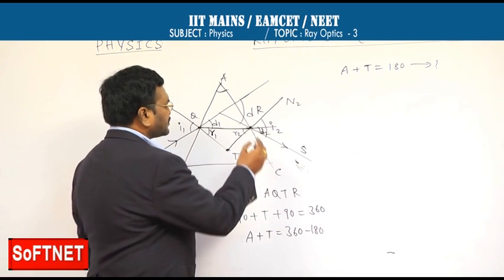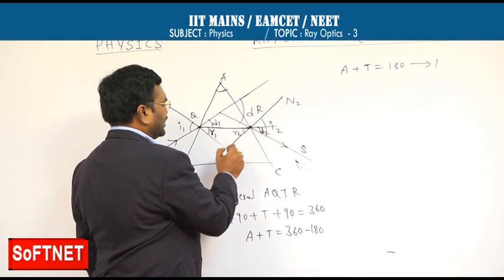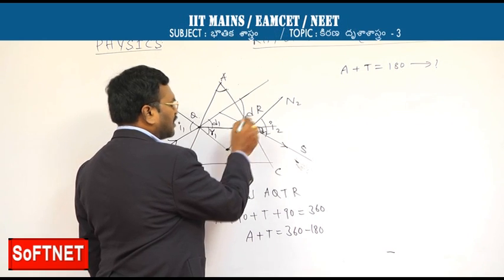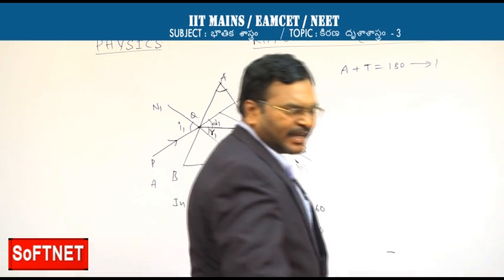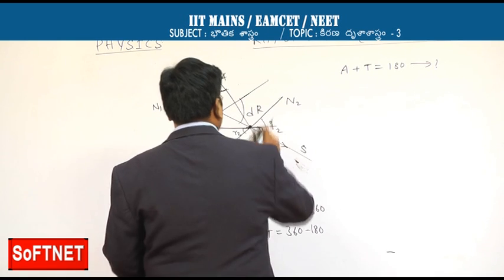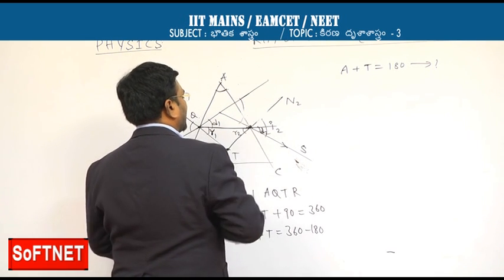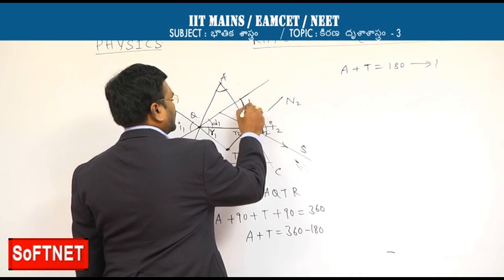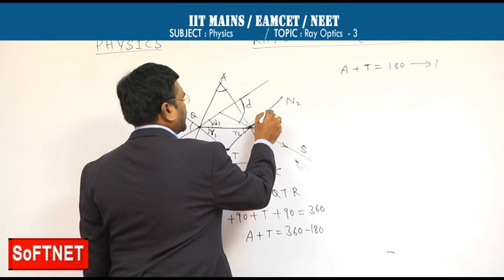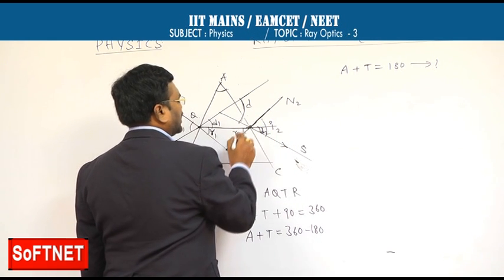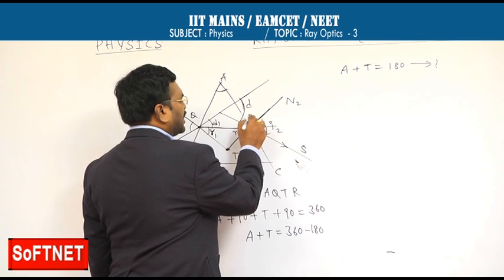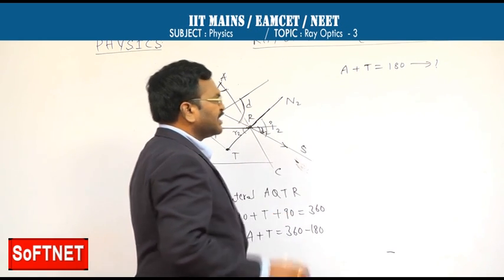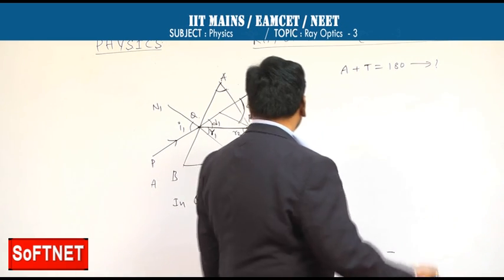After that again now in triangle QTR, this is R. Now in triangle QTR, in a triangle sum of angles how much? 180 degrees.